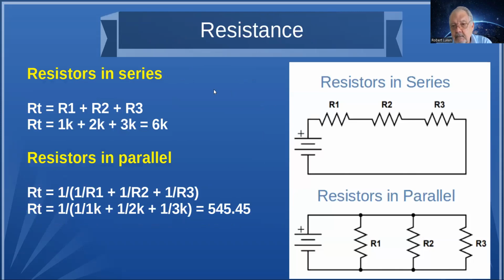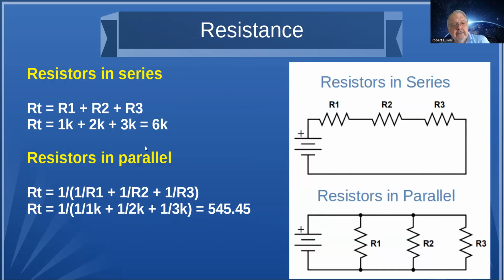So if I've got series resistors, I just add them up. If I've got parallel resistors, I have to take what's called the reciprocal of the sum of the reciprocals.